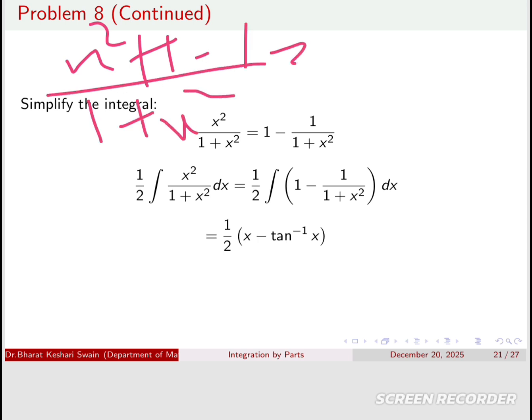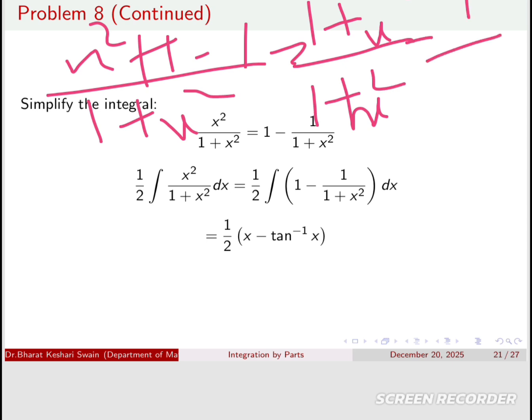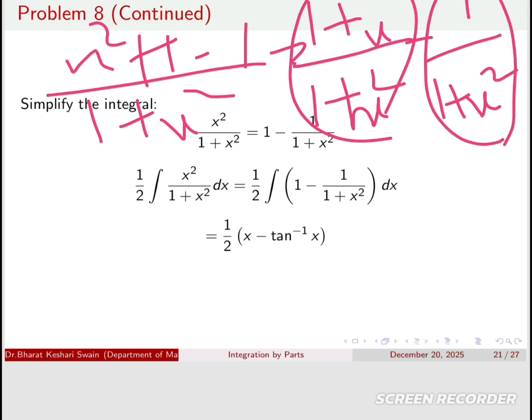Then we can separate it as 1 plus x square by 1 plus x square minus 1 by 1 plus x square. This value is 1, and this is 1 by 1 plus x square. Therefore x square by 1 plus x square is equal to 1 minus 1 by 1 plus x square. Now to integrate this, just integrate on both sides. What will we get?